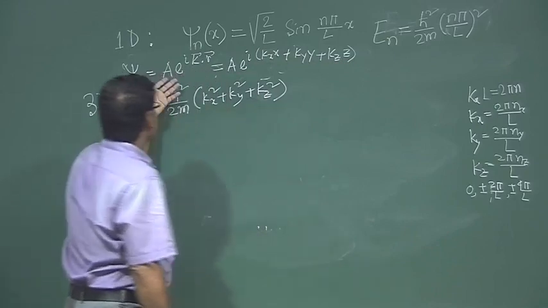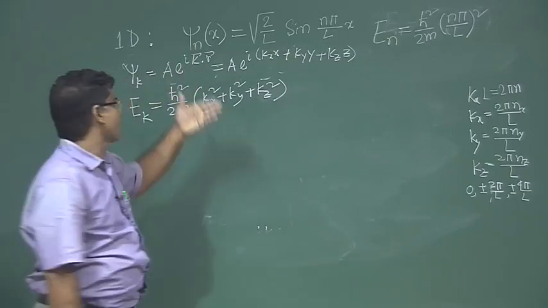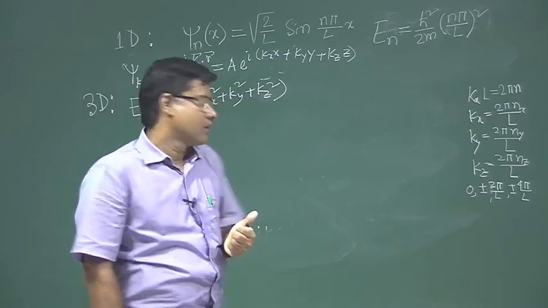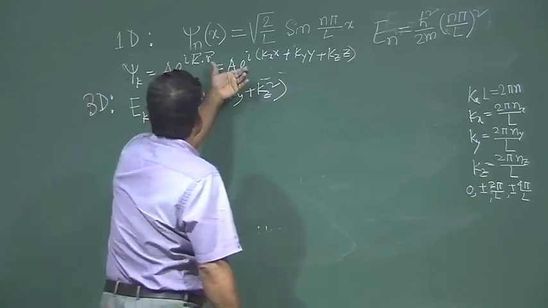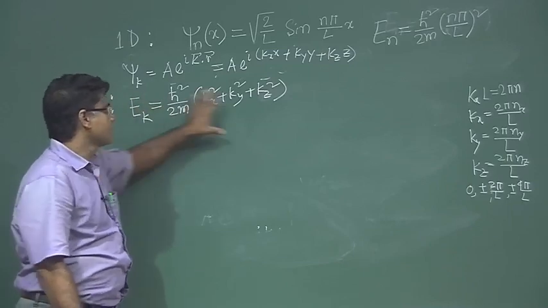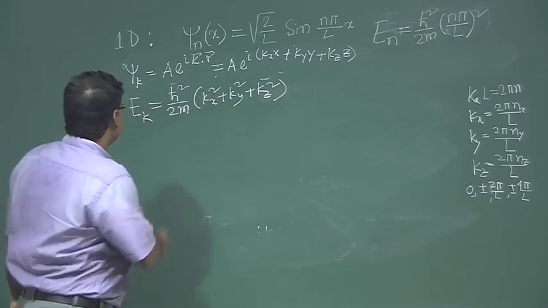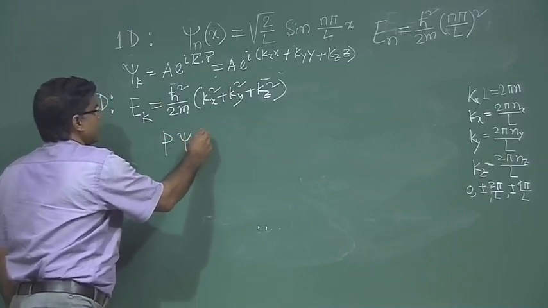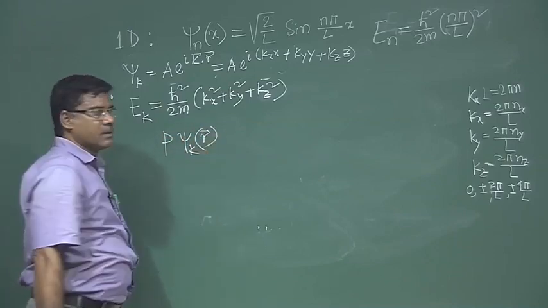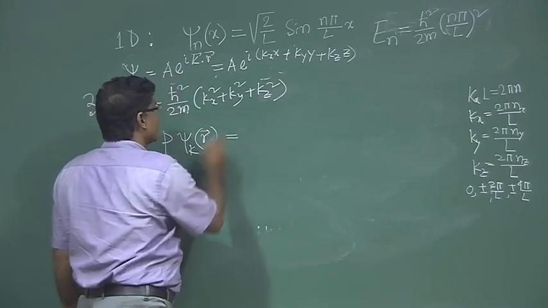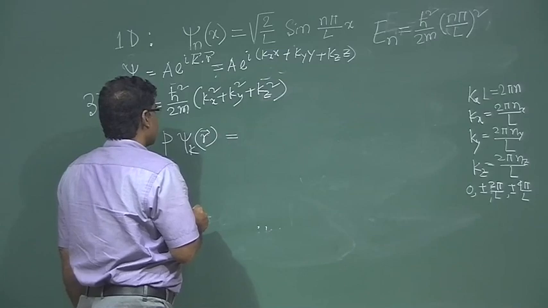Now, if we apply an operator on this wave function, you will get an eigenvalue. On this wave function I applied this energy operator, and I got this one. If I apply the momentum operator on this, I should get momentum.